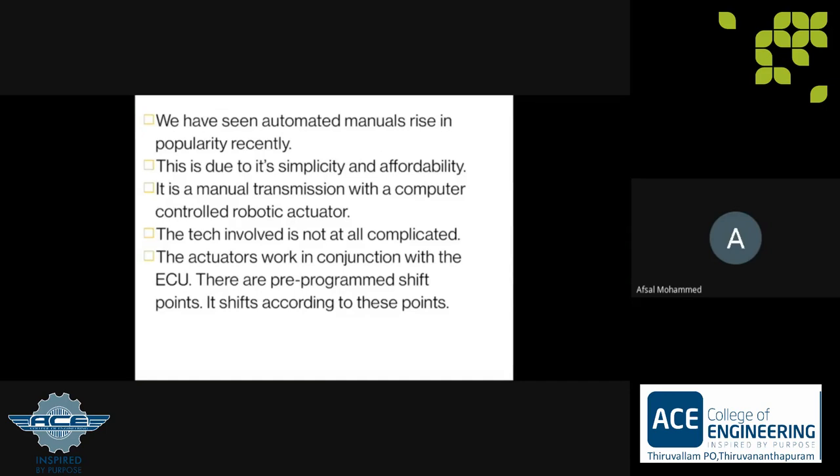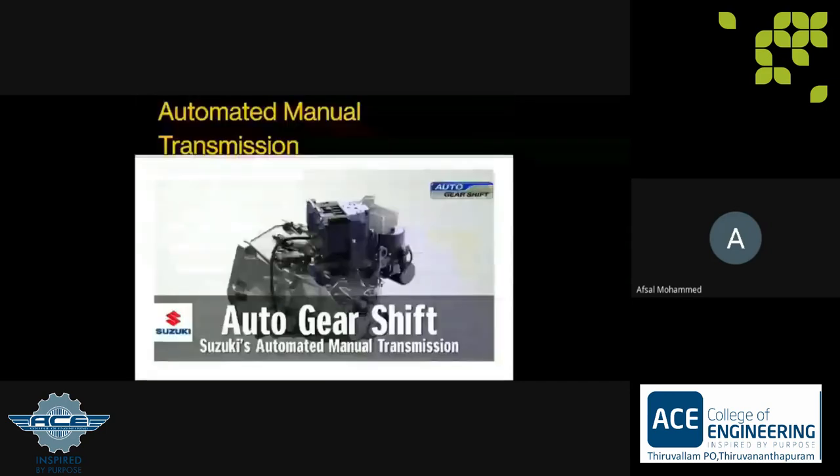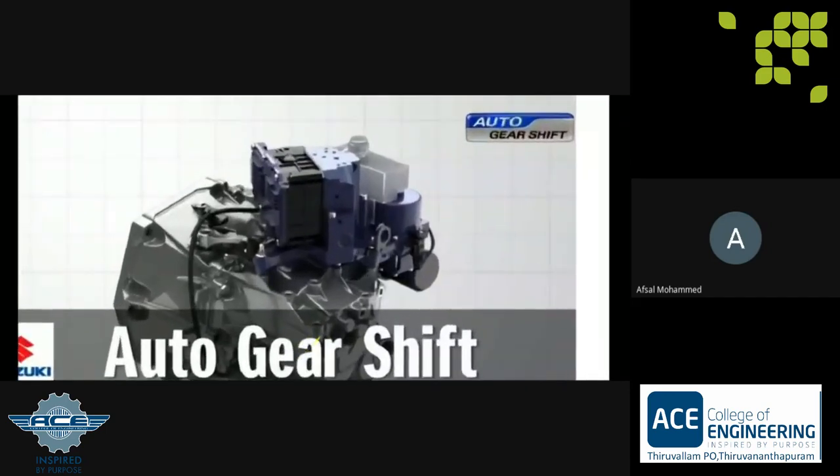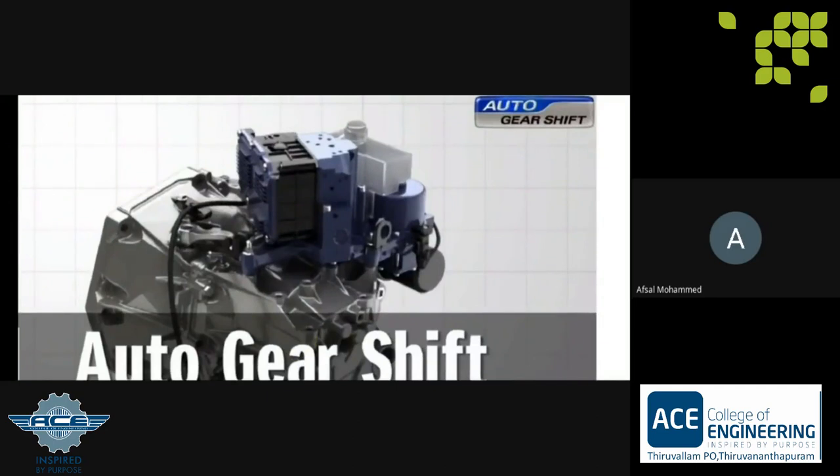As we can see in this image, this blue box that is put on top of the transmission system is a robotized actuator. What it does is simply control the cables that we normally operate. So whenever the transmission needs to be shifted, the robotized actuator will pull the cables and depress the clutch, and another set of cables will also be pulled by the robotized actuator itself, and the gears will be changed.